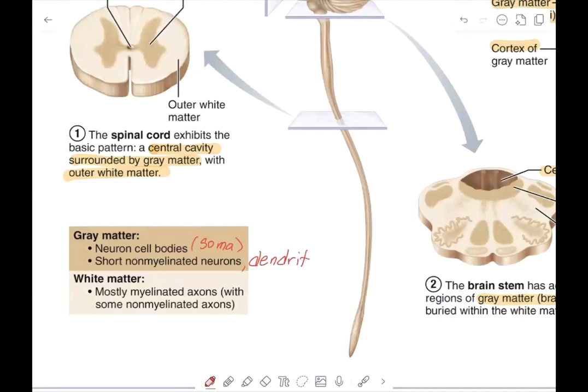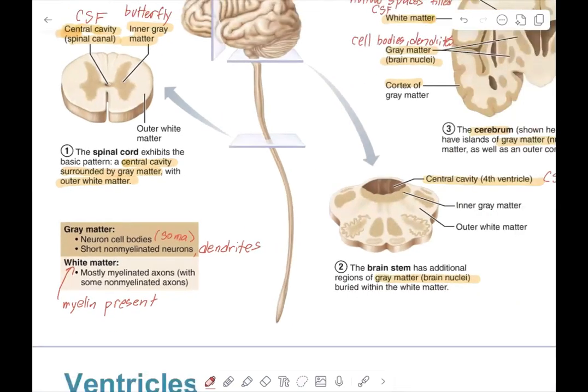That's quite different than white matter, because white matter has myelinated axons with some non-myelinated axons. So remember, the big difference here with the white matter is that they have myelin present. So there's a lot of information that you can glean from whether or not the myelin is present.